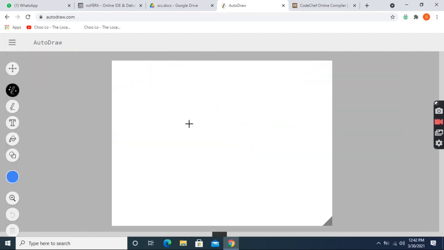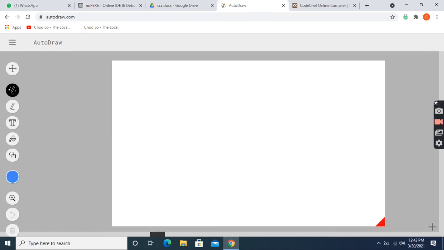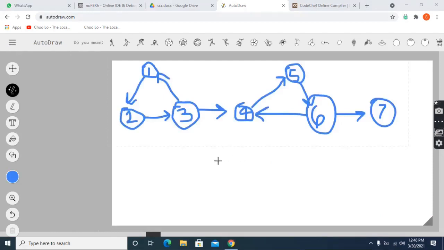So let me explain why this algorithm works. So here I have the original graph again. Please note that I have taken the original graph, not the transpose that we just worked with. So in the original graph, if I represent my strongly connected components, I can just circle them as this.